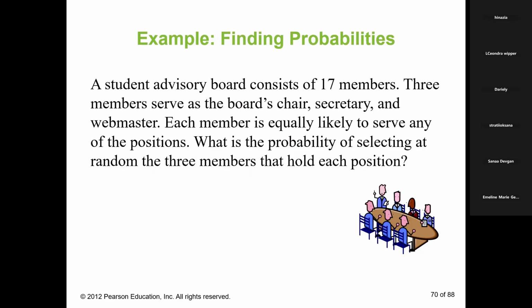The Student Advisory Board consists of 17 members. 3 members serve as the board's chair, secretary, and webmaster. Each member is equally likely to serve any of the positions. What is the probability of selecting at random the 3 members that hold each position?